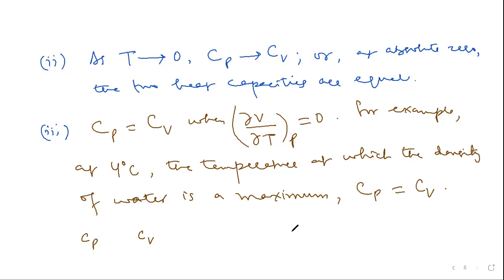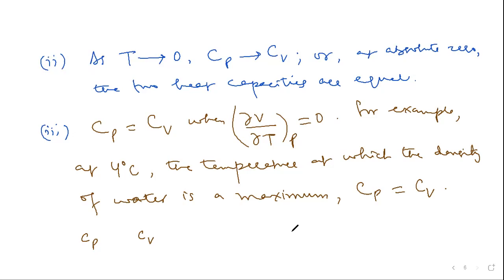Now, values of cv, specific heat at constant volume, however, must be known for purposes of comparison with theory. Now, the equation for the difference in the specific heats is very useful in calculating specific heat capacity at constant volume in terms of specific heat capacity at constant pressure and other measurable quantities.